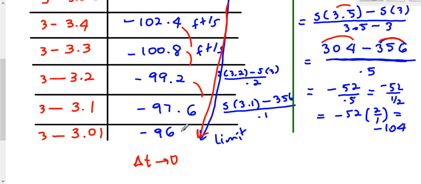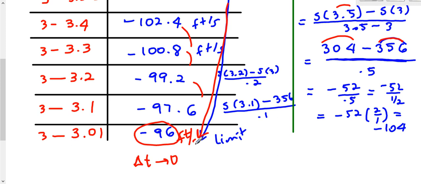Like from here to here, it only went from negative 97.6 to negative 96. So you could even try a closer value, like 3.0001. You're going to find that it's almost exactly the same. It's not going to move that much after a certain point. And due to the rounding of the calculator, you're going to get negative 96. And units, once again, feet per second.